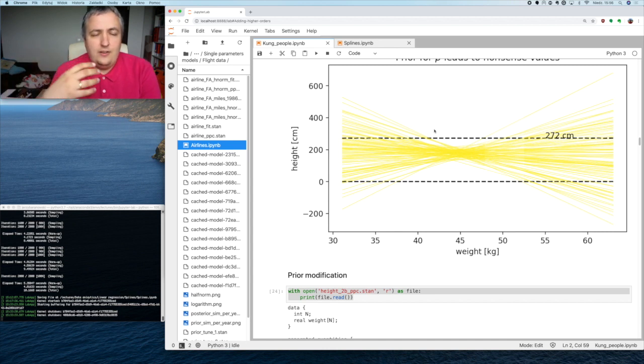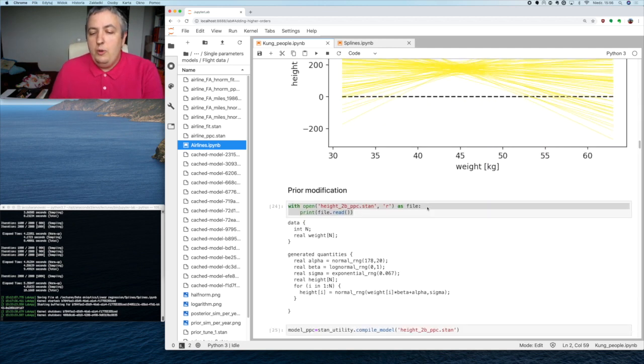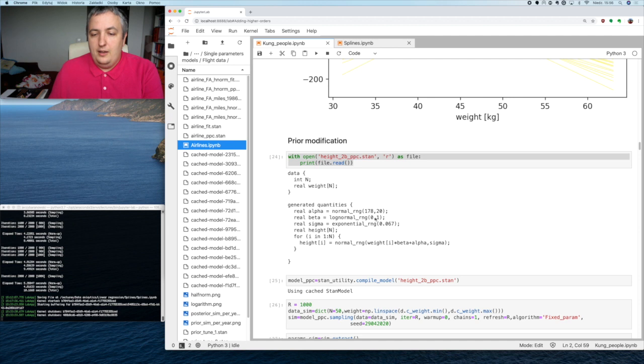But instead of using fixed bounds on our priors, we can change our model to include our prior for beta to be a log normal distribution. And log normal distribution is a distribution of positive numbers for which logarithms are normally distributed.